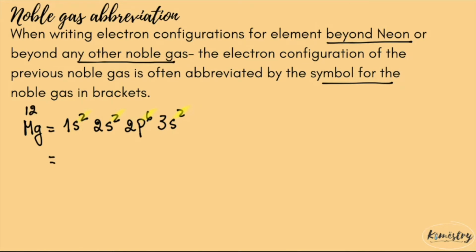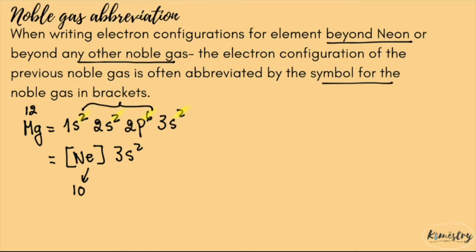So since magnesium is an element beyond neon, I can do noble gas abbreviation by putting neon. So neon has an atomic number of 10. From here, I already symbolize 10 electrons, so I only need to write down 2 more, which means I can just write 3s2 because these 10 electrons represent neon already.